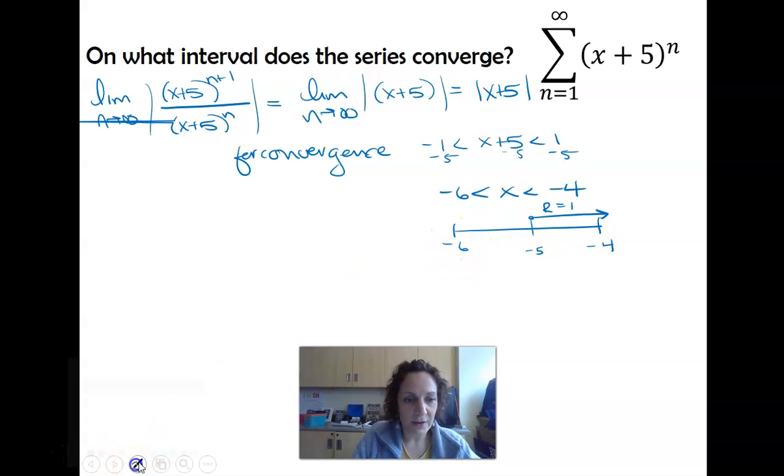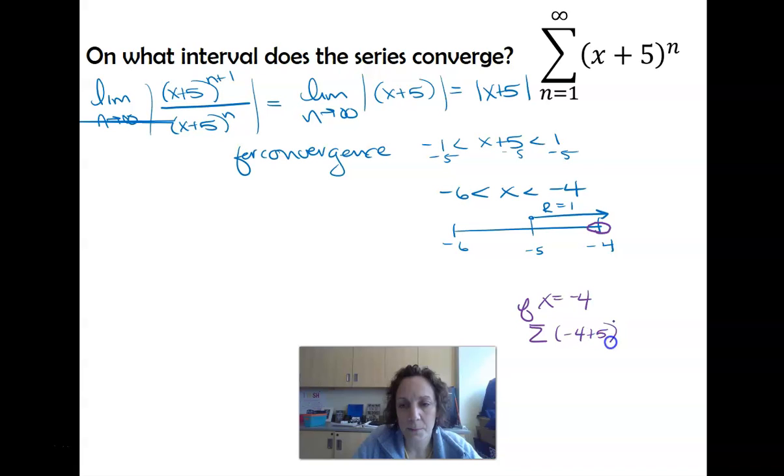The question is, can I include the -4? Can I include the -6? All right, let's start with the -4. So if x is equal to -4, this series turns into 1 to the n.